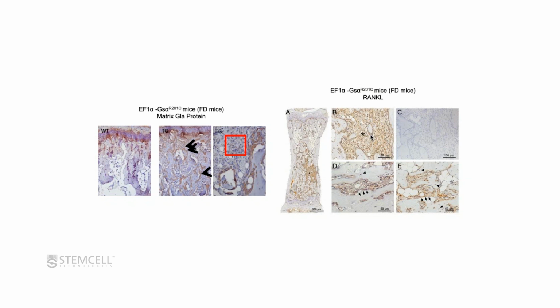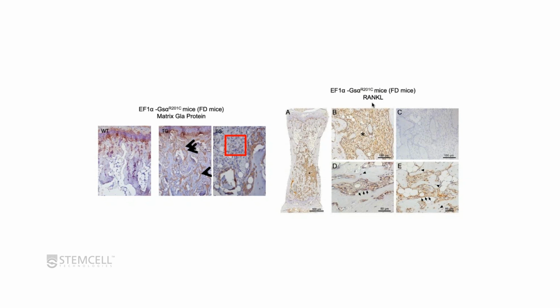And we recently focused on this molecule, on RANK ligand, because a humanized anti-RANK ligand antibody already exists for human therapy. It's denosumab, which has been approved by the FDA for some skeletal diseases, for example osteoporosis and giant cell tumors of bone.